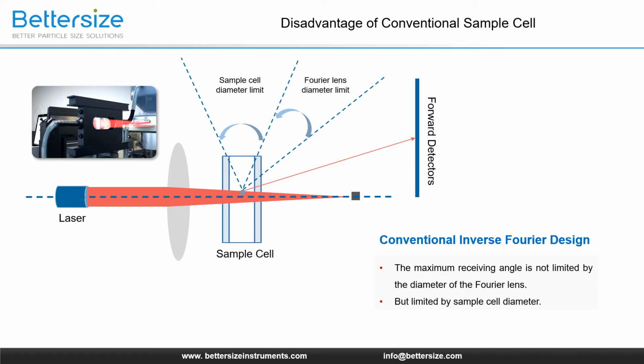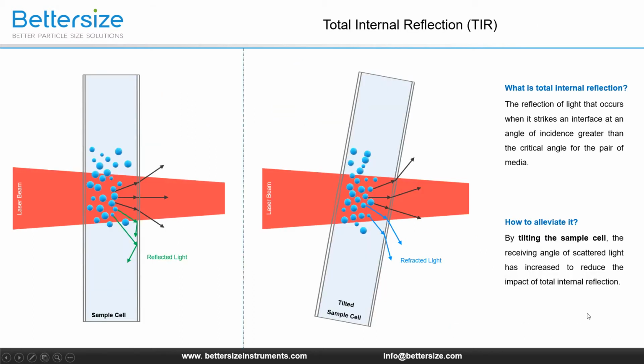The smaller the sample cell diameter, the more scattered light will be reflected inside the sample cell and cannot be refracted to the outside. This phenomenon is called total internal reflection. Total internal reflection is a complete reflection of light within a medium such as water from the surrounding surfaces back into the medium.